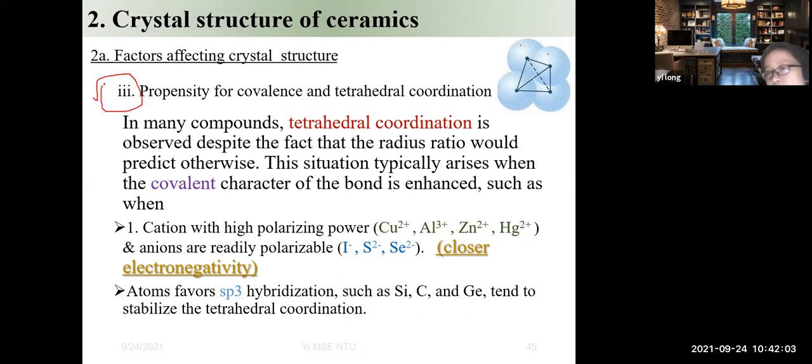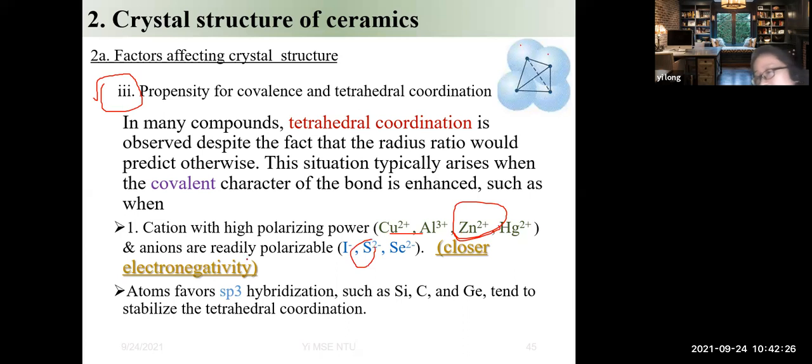Odd case, okay. If you have more covalent bond between your ceramics, you cannot simply use this RC over RA to determine anymore. So this is a very special case. That's what we put here. If ions have higher polarizing power, like copper, zinc, we just said zinc sulfide, right?